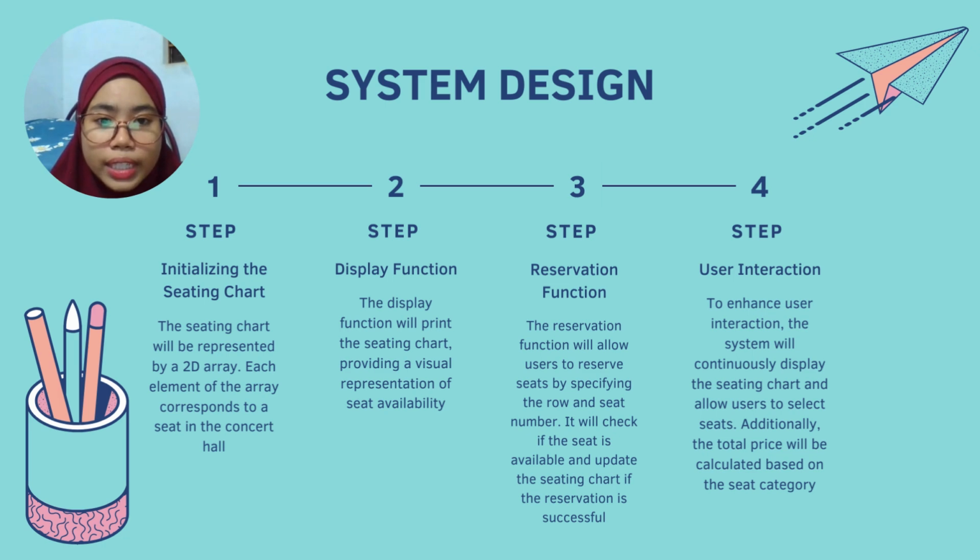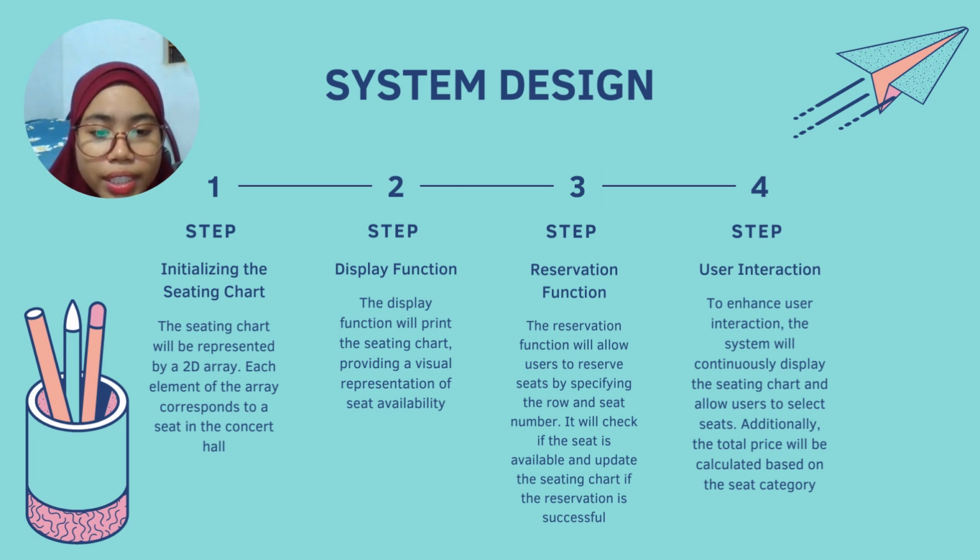And the third one is the reservation function. The reservation function will allow users to reserve a seat by specifying the row and seat number, and it will check if the seat is available and update the seating chart if the seat is taken. And number four is user interaction.